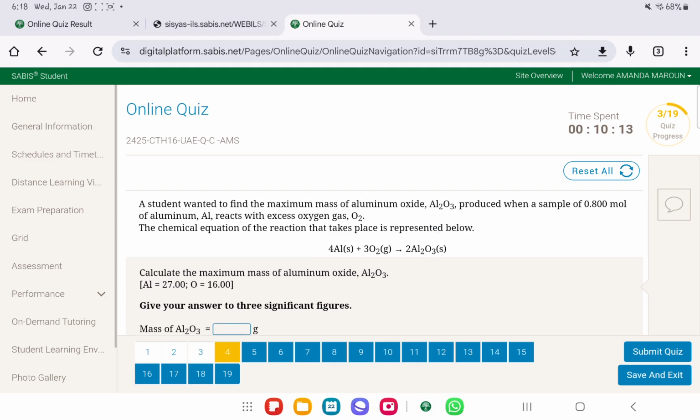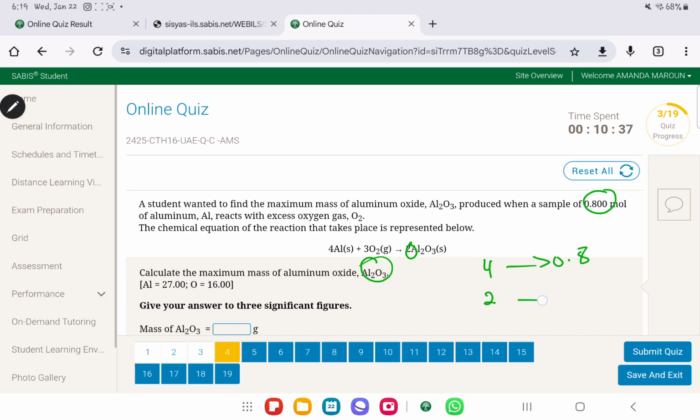Moving on to question number 4. This question is a nice question. A student wants to find the maximum mass of aluminium oxide, Al2O3, produced on a sample of 0.8 moles of aluminium. So aluminium was 4, and then it became 0.8 moles. They need us to calculate what? The maximum mass of aluminium oxide. So 4 became 0.8.